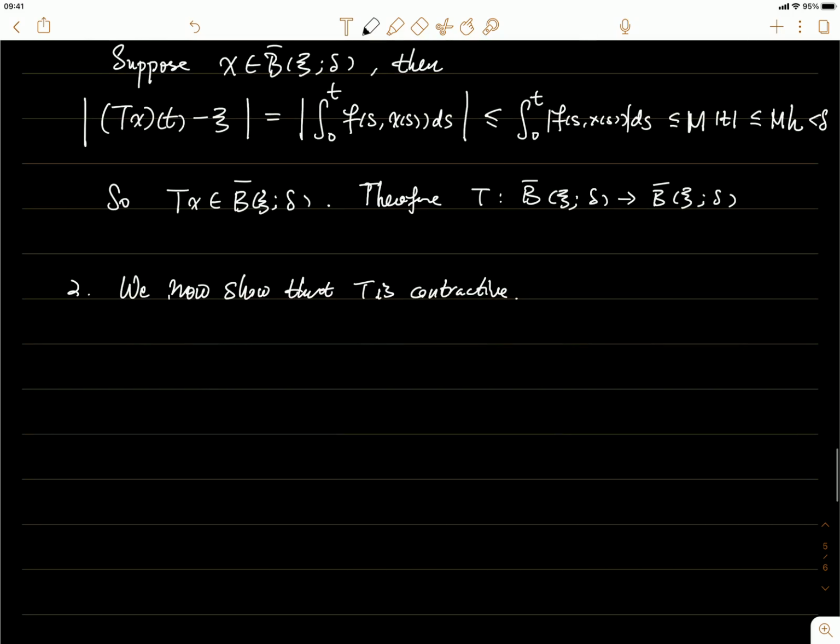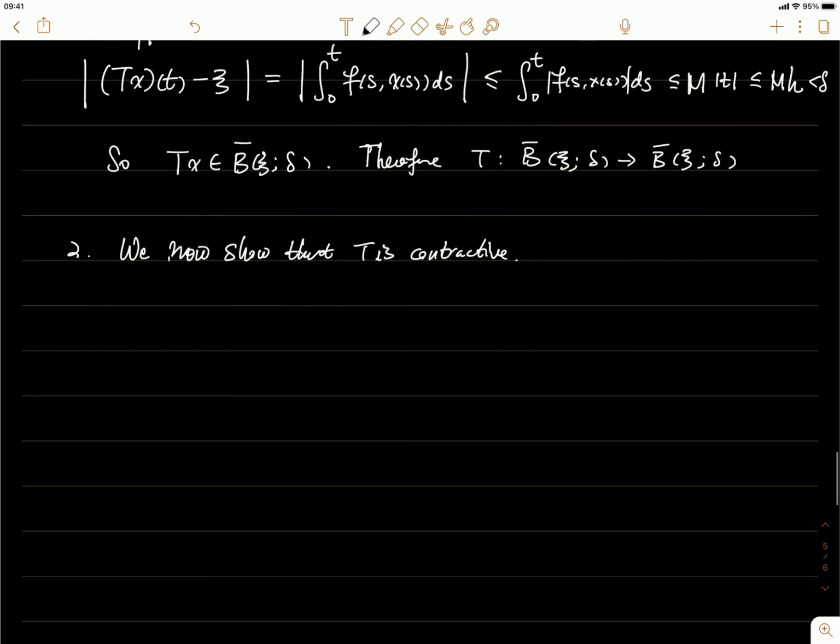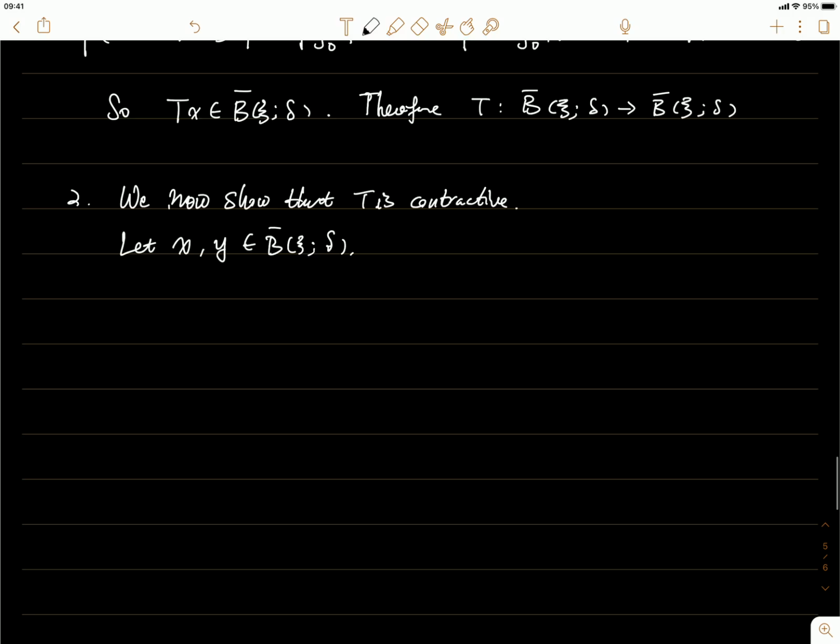So to show that it's a contractive mapping, we have to show that for any two points x and y, both in this ball, then first we know that Tx and Ty are two new functions, and they are two points in this ball, since we know that the mapping T is from the ball to itself.